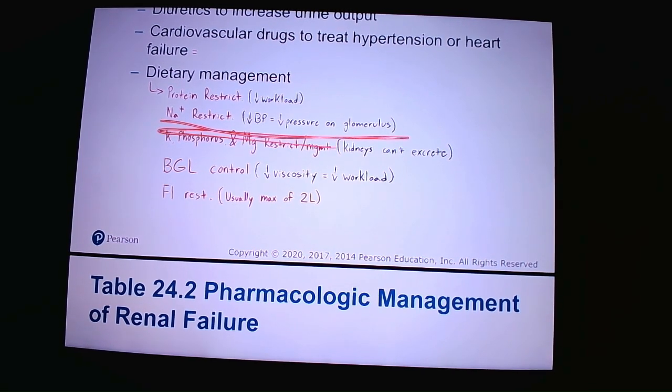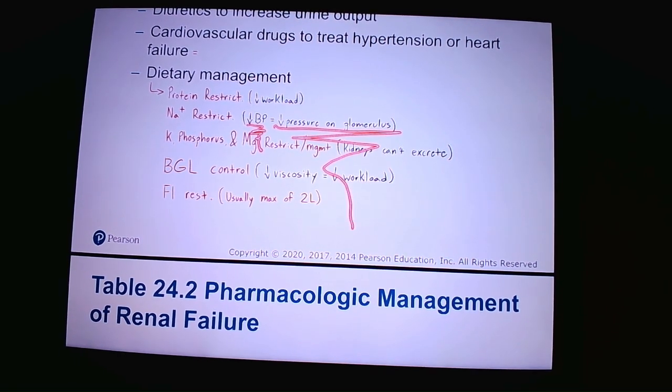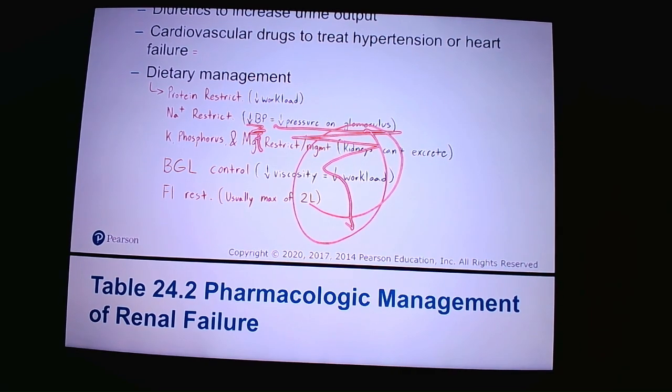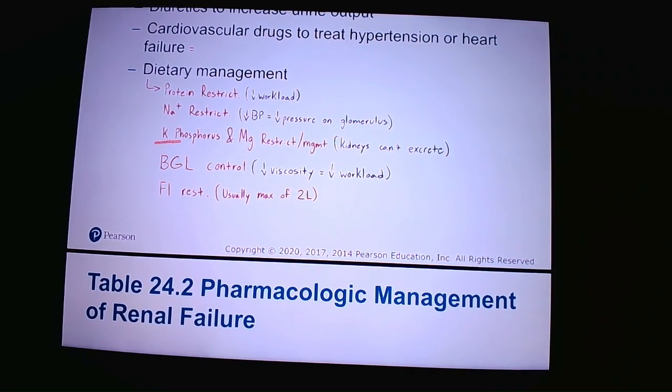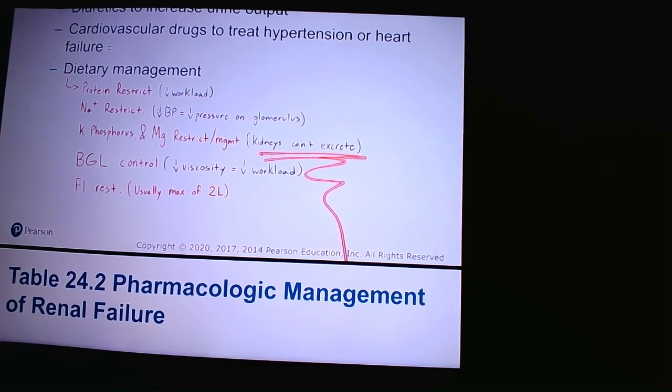Sodium restriction is specifically about lowering blood pressure, right? If we have a lot of sodium, we retain a lot of water. If we retain a lot of water, our blood pressure goes up. So if you were to prevent your blood pressure from going up, that's less pressure on the glomerulus and less workload overall. Things like potassium, phosphorus, magnesium, your kidneys can't excrete them.